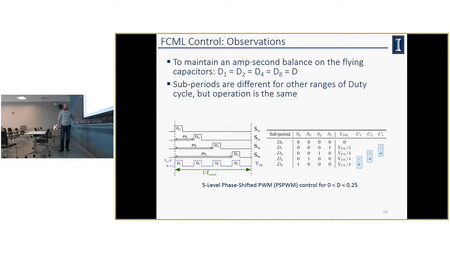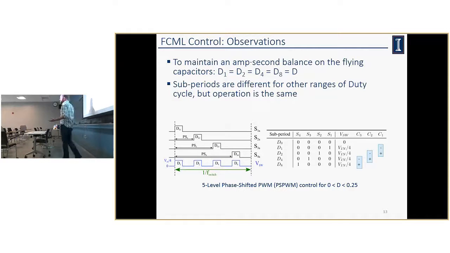A couple observations out of this. If you want an amp-second balance on your capacitors, meaning they stay at a constant voltage throughout periodic steady state, you need to keep each of these periods the same. So D2 equals D1, D4, and D8. You can see that here: this time duration needs to be the same, this one, and this one.